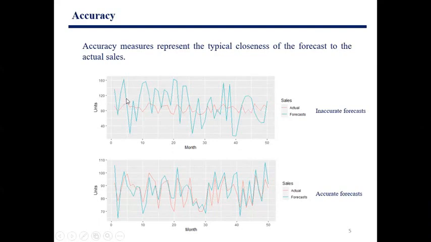Here, it's clear that we have inaccurate forecasts and there is a problem with the accuracy. But in the second example, you see that we have fairly accurate forecasts because the forecasts are very near to the sales. We'll see after how to measure the accuracy, and how to say that we have good forecasts or bad forecasts.